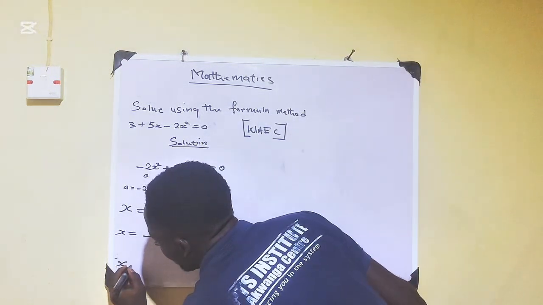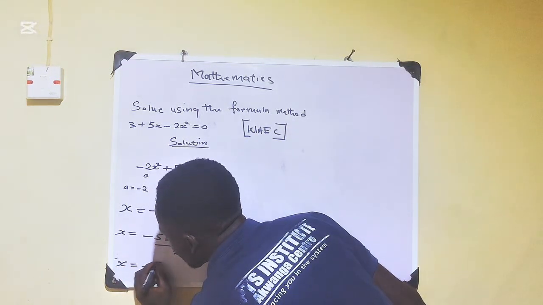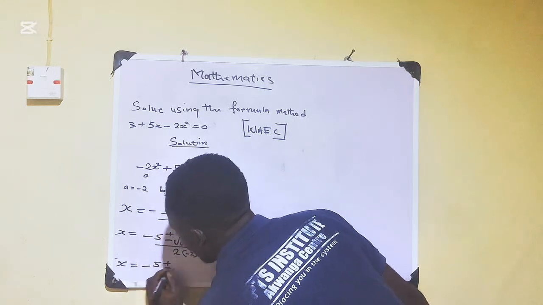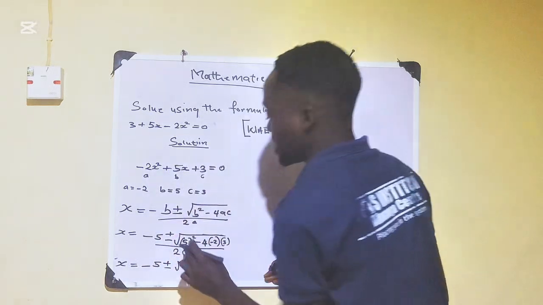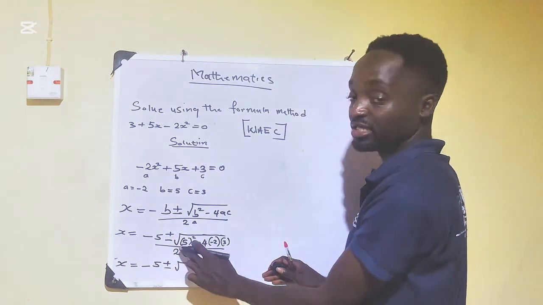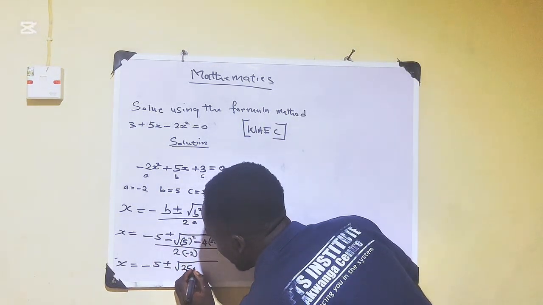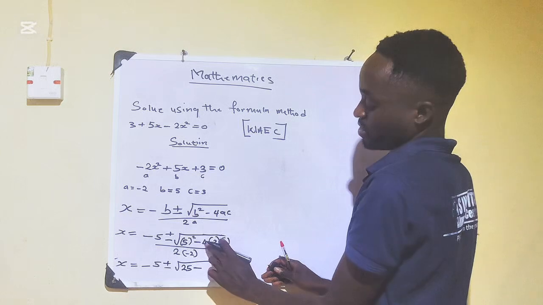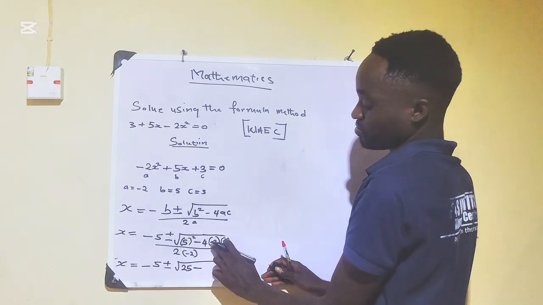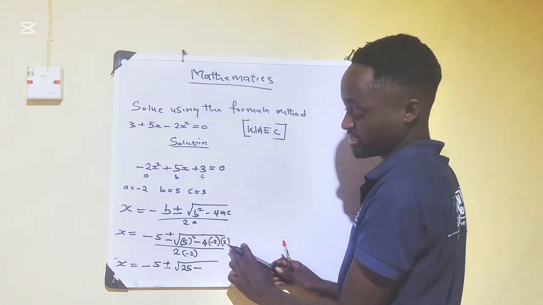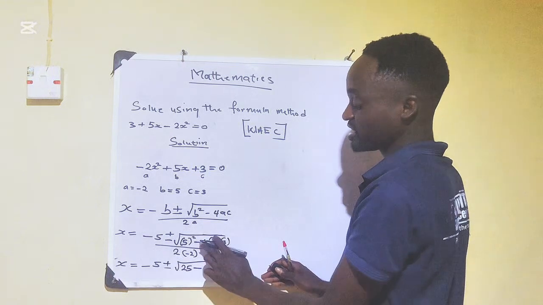So now let's do the addition and the multiplication together. x is equal to minus 5 plus or minus the square root of 5 squared, and 5 times 5 is 25, minus... now we have minus 2 times 3, that is minus 6. Then minus 6 times minus 4.